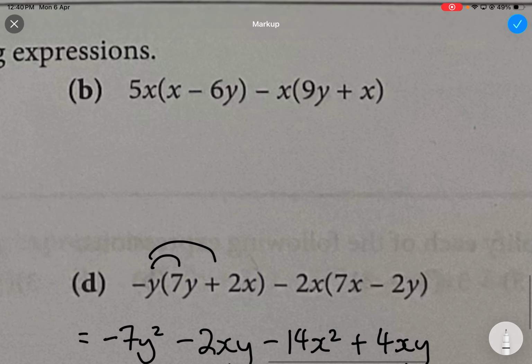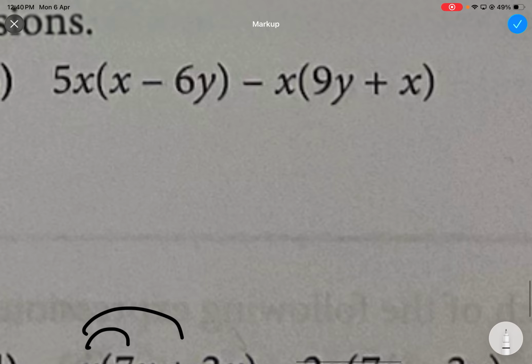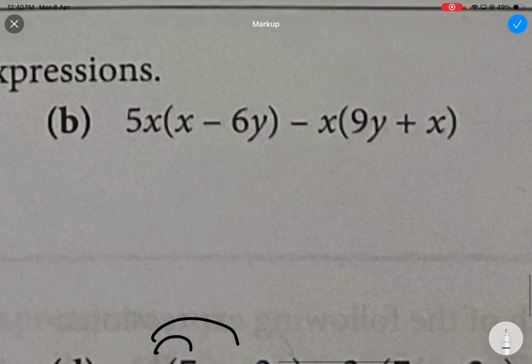Okay, just now as I walked around, there were at least 5 of you that made the same mistake, which I keep telling you. You still make it. So please be extra careful with subtraction coming before your expansion. This one is easy. 5x times x, 5x squared. 5x times negative 6y, negative 30xy.